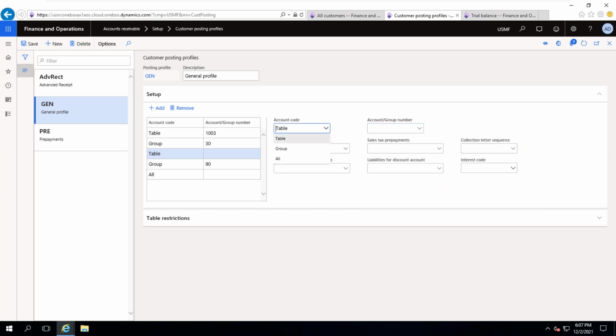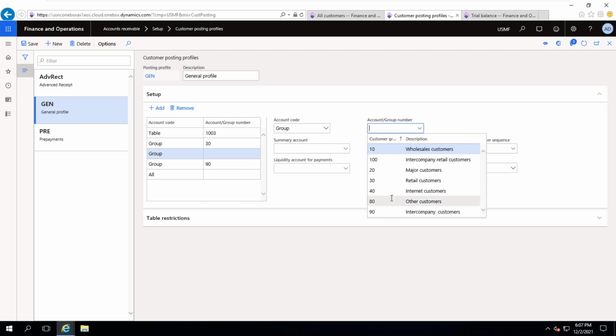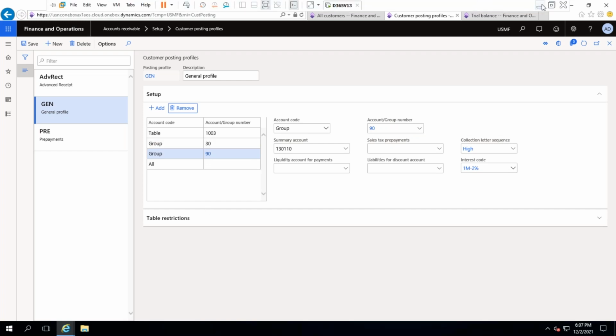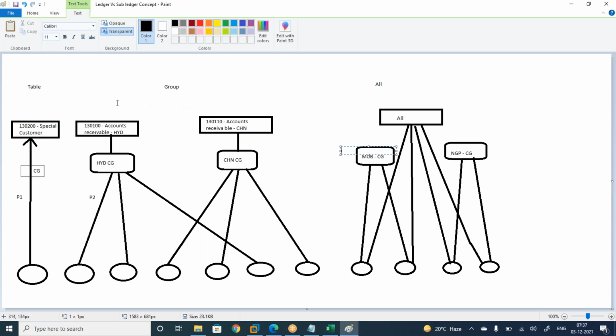If you select group, then it will show you all the specific groups that are there. If you select all, it will not allow you to select disabled accounts. You can select the summary account. In customer posting profiles, in general 90 to 95, even 98 percent of the time, group level mapping will be there.